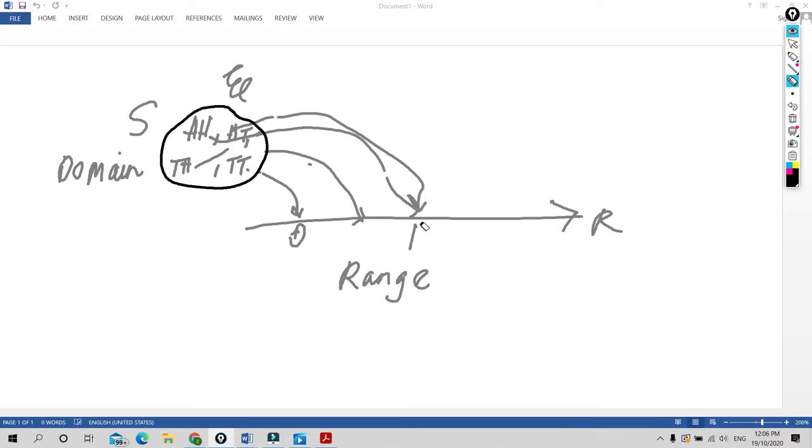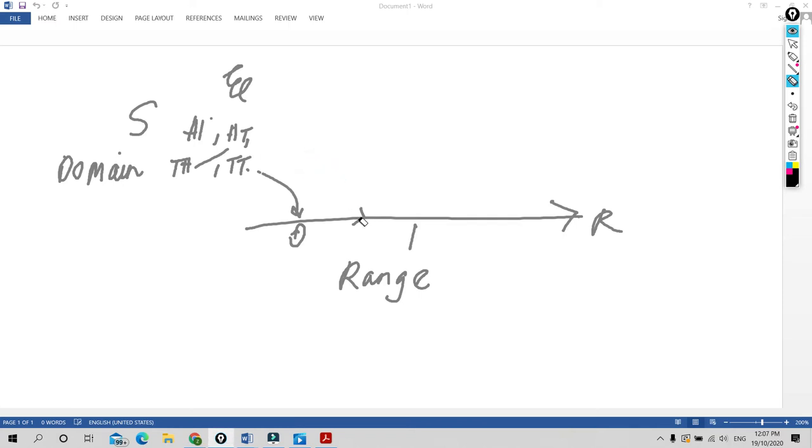Now the range here is like this. We can have no head.